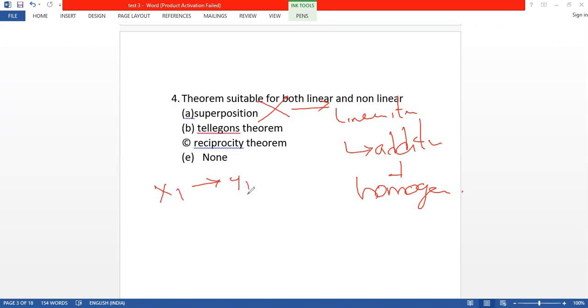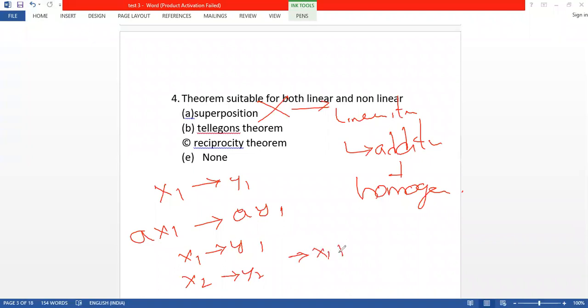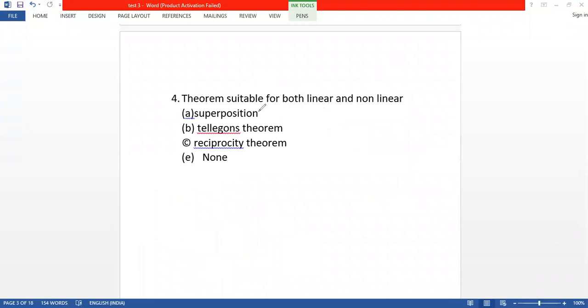X1 giving Y1, so A into X1 will give A into Y1. This is homogeneity. Suppose X1 is giving Y1, X2 is giving Y2. Additivity means X1 plus X2 has to give Y1 plus Y2. This is the additive principle. So both homogeneity and additive principles have to be followed in superposition. What is the answer? Tellegen's theorem.